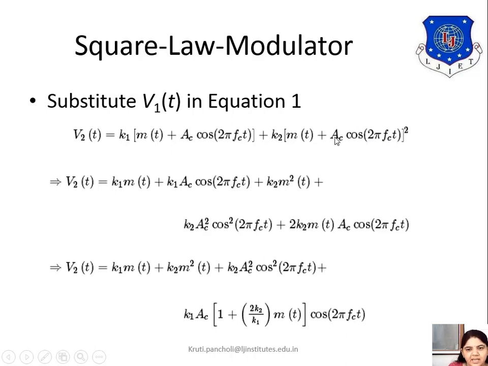Now over here it is (a plus b) whole square, so you can write a square plus 2ab plus b square.